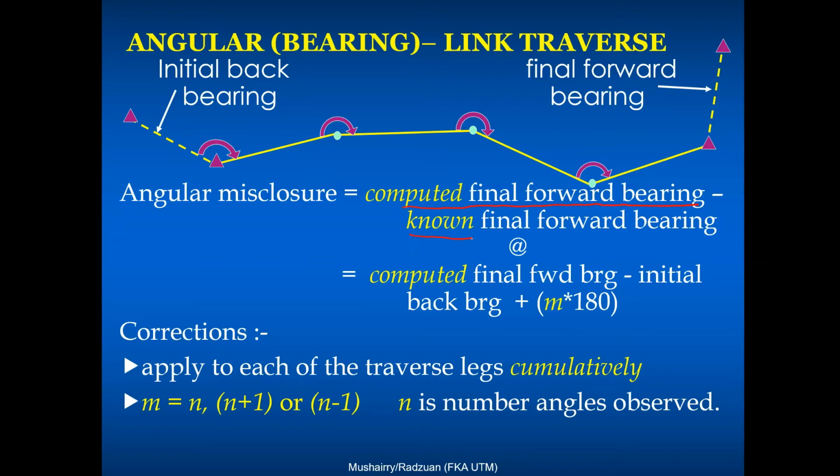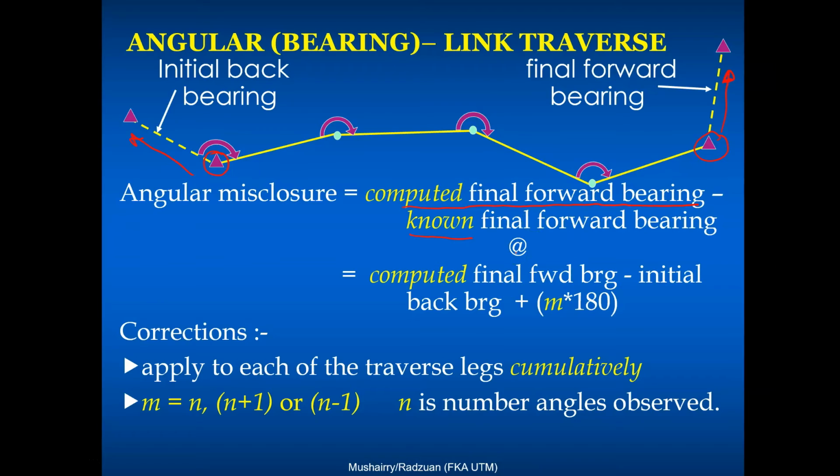When you start your work, you start from a known station with a back bearing. When you finish, you finish at a known station with a known forward bearing. So you compare the computed final forward against the known final forward. That will be your angular misclosure.